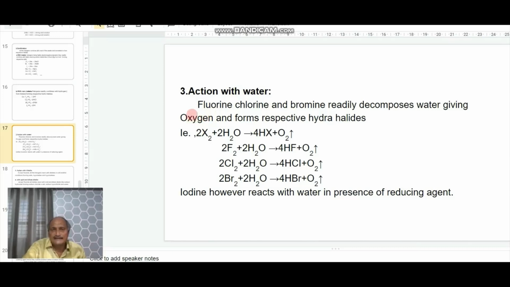Coming to the action of halogens with water. Fluorine, chlorine and bromine readily decompose water, giving oxygen and forming respective hydrohalides. That is, 2 moles of halogen combine with 2 moles of water, forming 4 moles of hydrohalides with the liberation of oxygen.